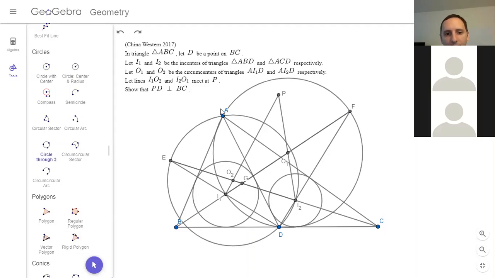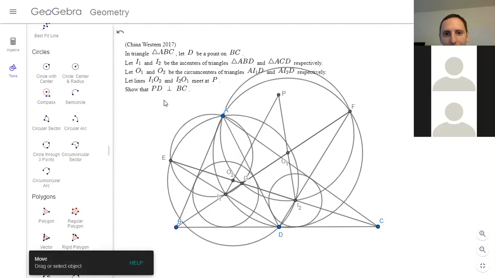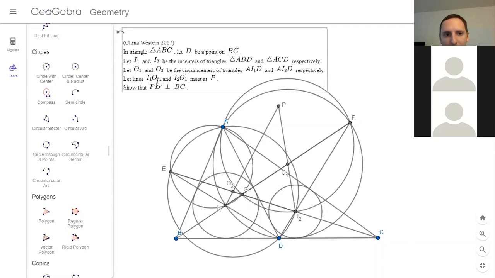And then can we compute angle AI1E? Yeah, so by an angle chase, we can show AGI1E is cyclic, and we can also show AGI2F is cyclic. How would that help?